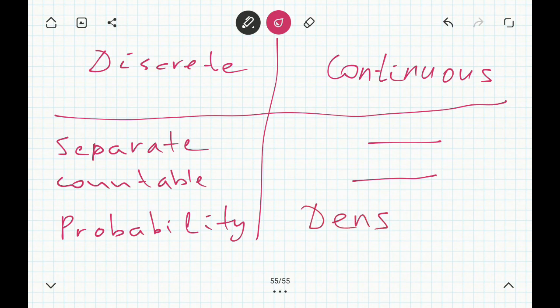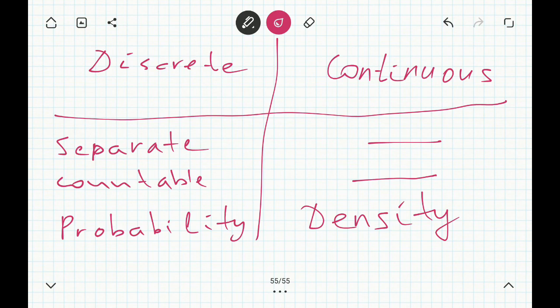So, in some sense, the density plays the same role for continuous random variables. Oh, I've lost the thread, so let's do it from scratch.